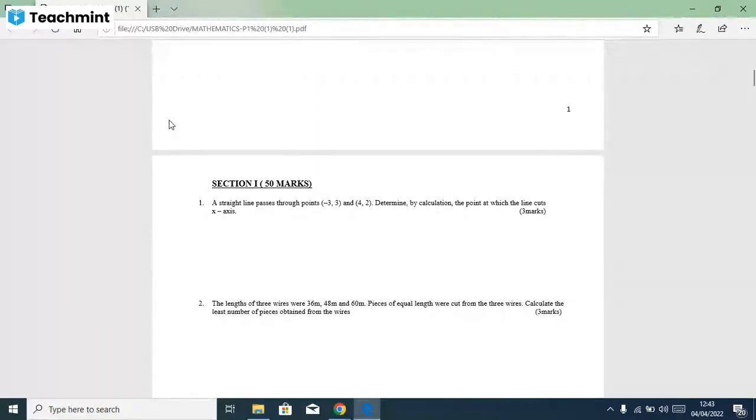Okay, this question. I want us to look at it clearly. It is very common and it's tricky because it's not direct the way we normally see it as a question. So we have lengths of 3 wires.